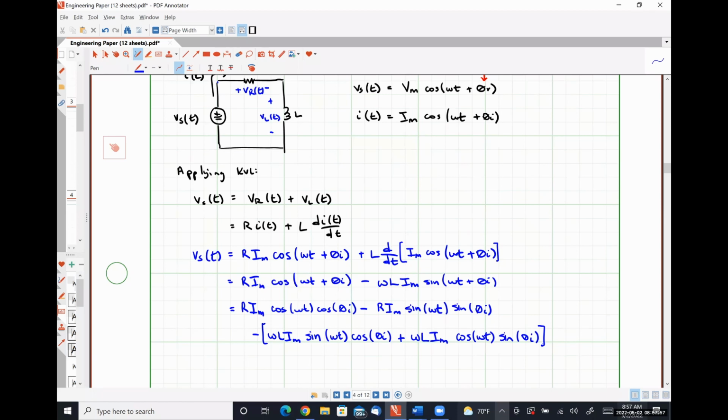So all I'm going to do here, just really quickly, is get rid of those brackets by distributing that negative sign in the second line, okay? So I can get rid of these brackets by just putting a negative sign right there.